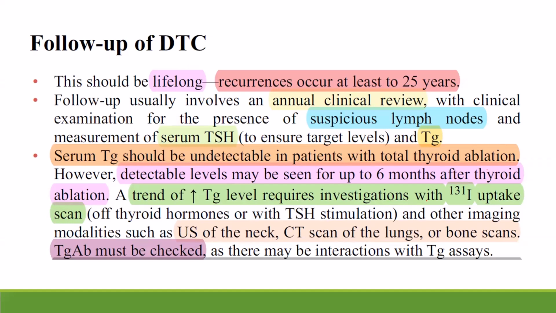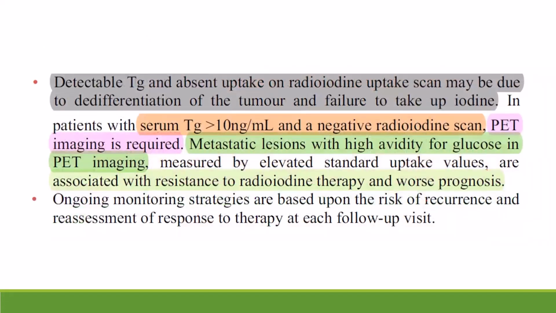We should stop thyroid hormone or use Thyrogen. And another imaging modality like sonography, CT scan or bone scan must be an option. TG antibody, as I mentioned, must be checked each time we do TG assessment. Detectable TG and absent uptake on radioiodine uptake scan may be due to de-differentiation of the tumor and failure to take up iodine, like I mentioned, Hurthle cell carcinoma.